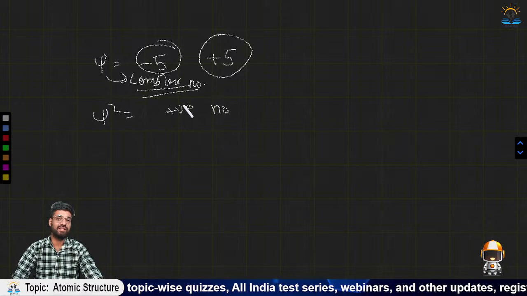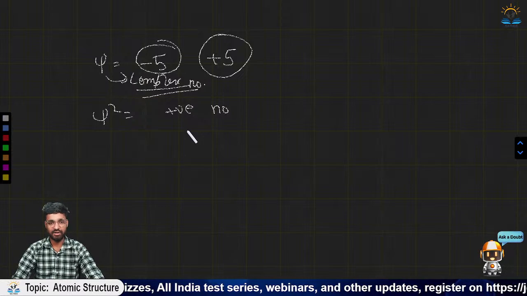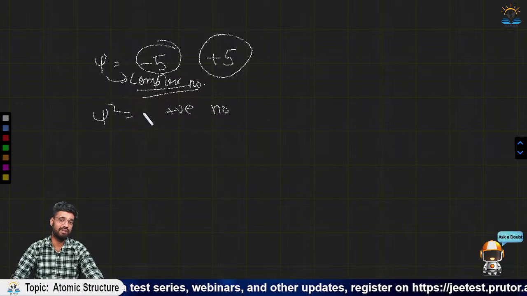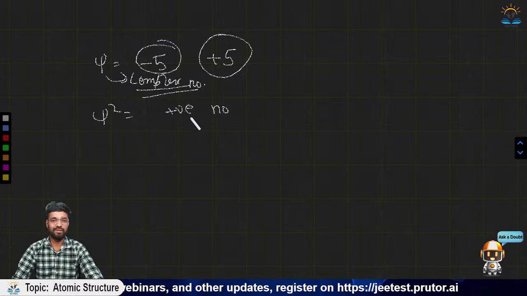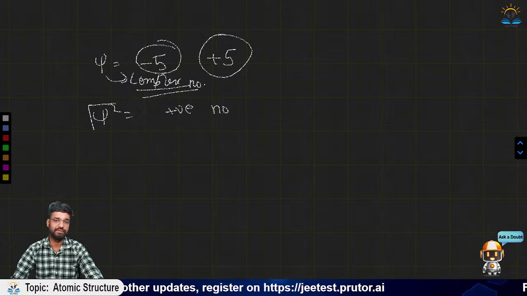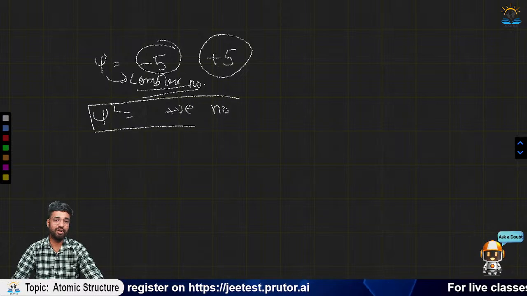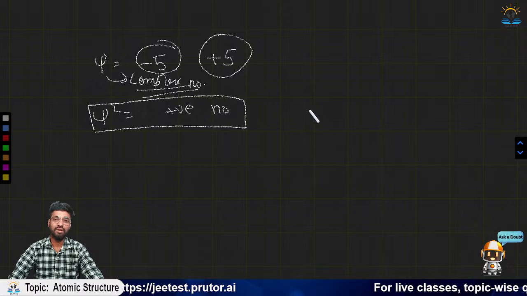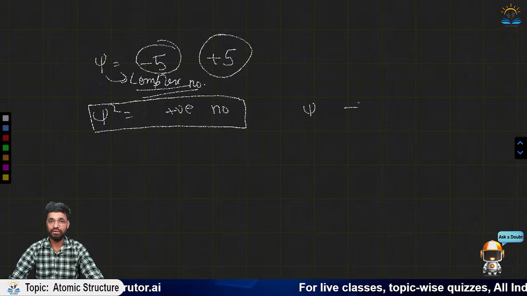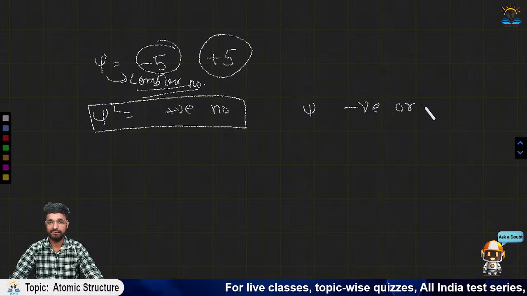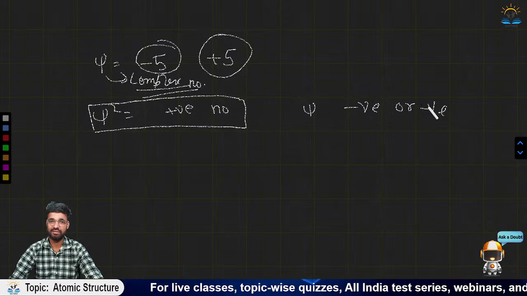But for now, take it as a normal number, not a complex number. So if you square it, you will always get a positive value. So psi square will always be positive, whereas psi can be both negative or positive, or it can be zero also at some places.